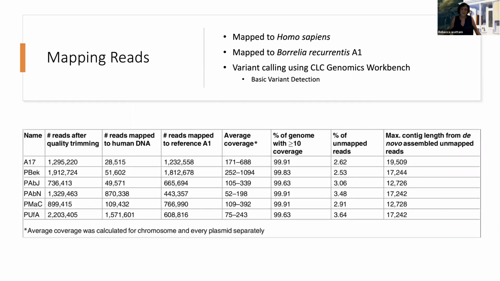They mapped the reads. Because these were taken from swabs from human samples, when they sequenced the DNA, they were able to map the reads to Homo sapiens, and they also mapped them to Borrelia recurrentis. And they used the variant calling pipeline that they have in the CLC Genomics Workbench called basic variant detection.